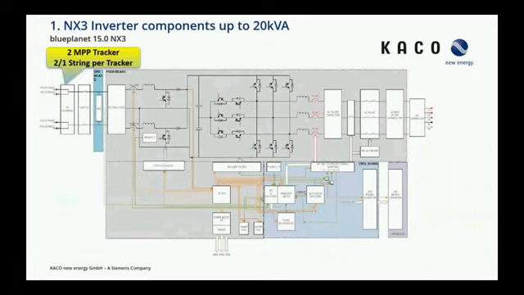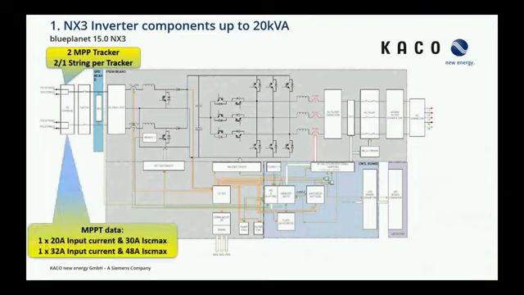For the 15 kilowatt inverters, we can see again 2 MPP trackers, but now we have 2 strings and 1 string per tracker. This means 1 MPP tracker has 2 string inputs. Here we can see the MPP data again. 1 tracker is now really big with 32 amperes input current, and again we have 120 ampere input current.